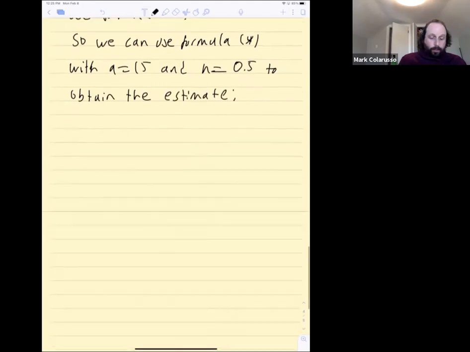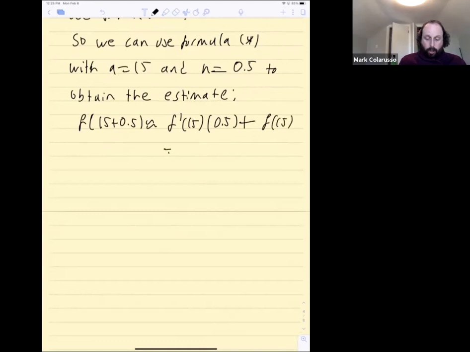So f of 15 plus 0.5 is approximately equal to f prime of 15 times 0.5 plus f of 15. We just need to work out this quantity.